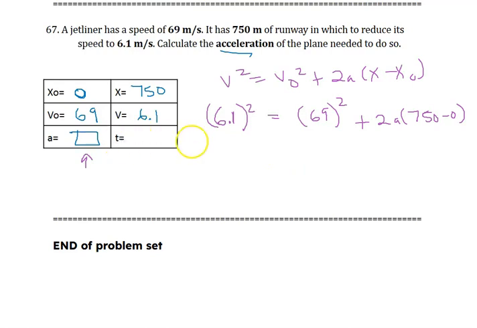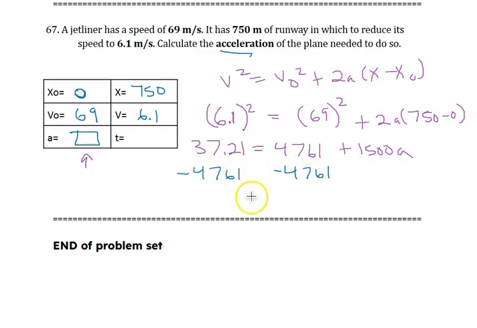So you get 37.21 equals 4761 plus 1500 A. And then subtract this, and you get minus 4724, because this is so much bigger.